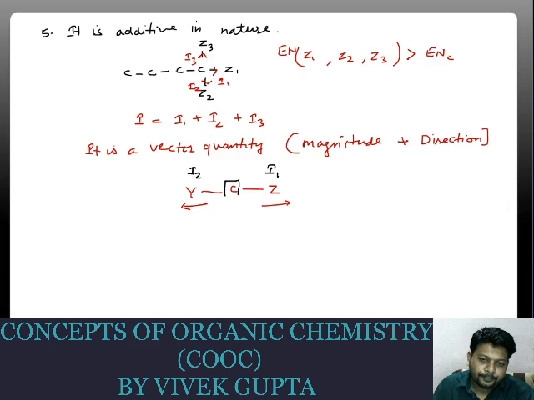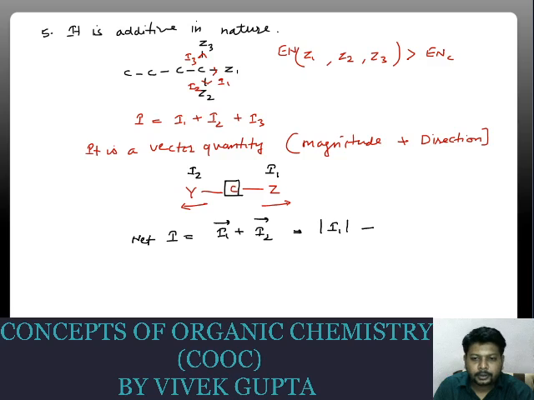So on carbon the net effect will be I1 vector plus I2 vector, that is the vector sum of these two vectors, and obviously these two vectors are working in opposite direction. So net effect will be I1 minus I2 or I2 minus I1, whichever is greater. We have to write that first in order to get the positive result.